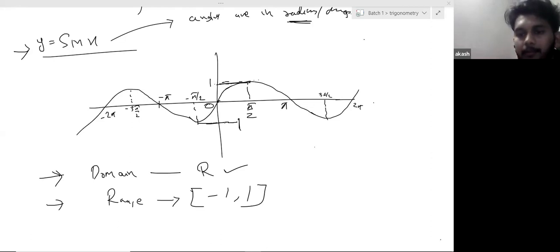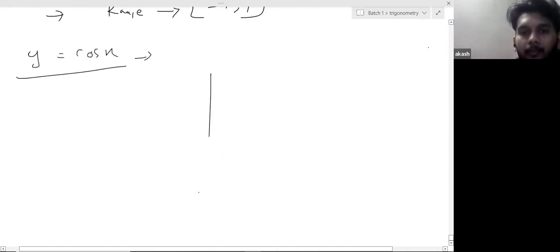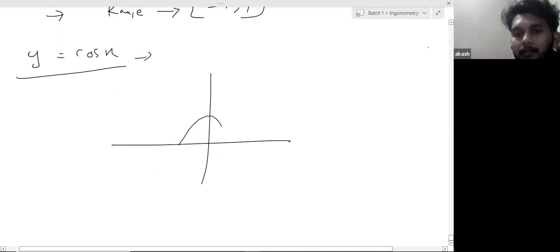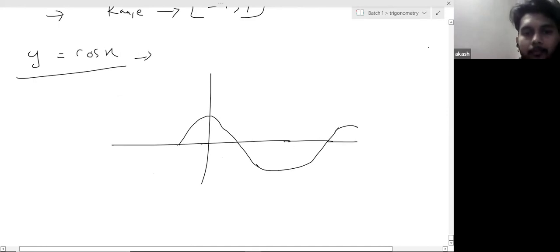Graph of cos x. Similar to the sine graph. Starts with this. This is 0. This is pi by 2.